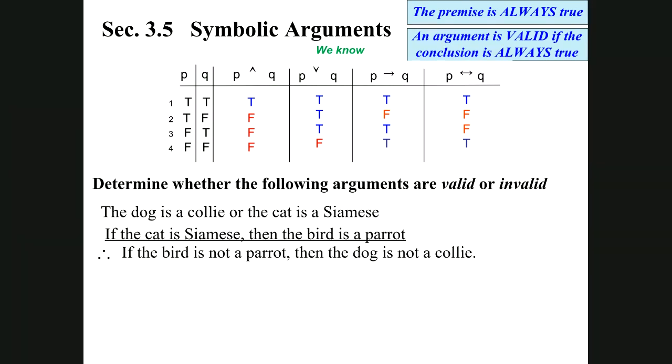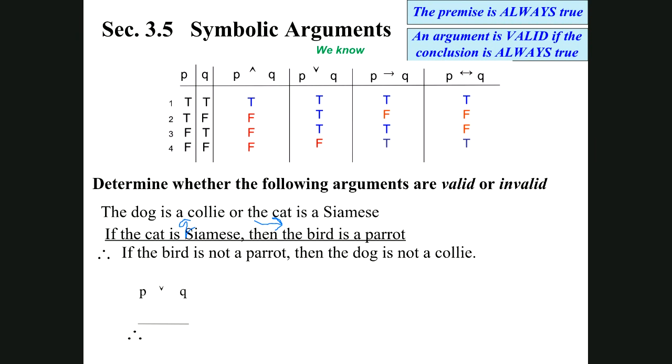Alrighty, let's see. The dog is a collie, P, or the cat is a Siamese, Q. You have P or Q. If the cat is Siamese, then the bird is a parrot.